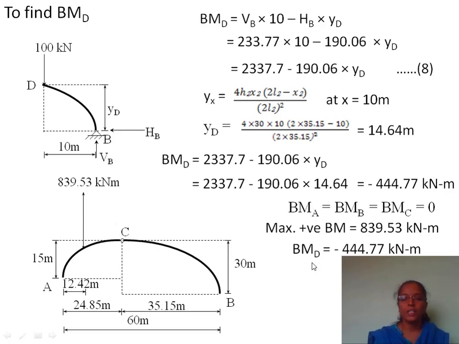Next, the bending moment at D. D is at 10 meter from the right end, so let us mark that point. The bending moment at D is minus 444.77 kilonewton meter, so we draw it below the baseline for 444.77 kilonewton meter.